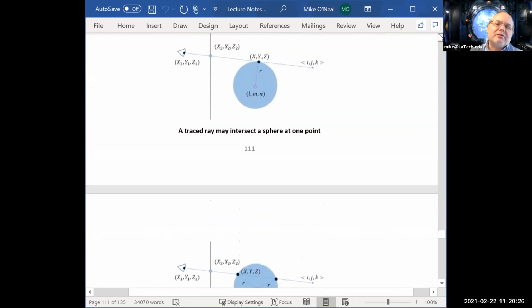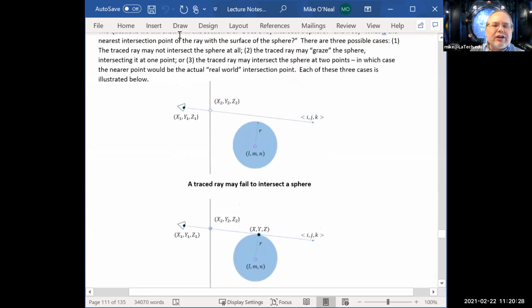I love pictures. That's telling you that there is no t that you can use that will bring you to the surface of this sphere. When that discriminant is negative, there's no real solution that tells me what my t needs to be to reach the intersection of the sphere.